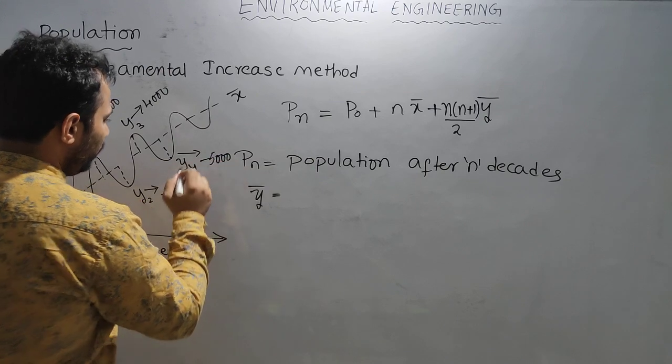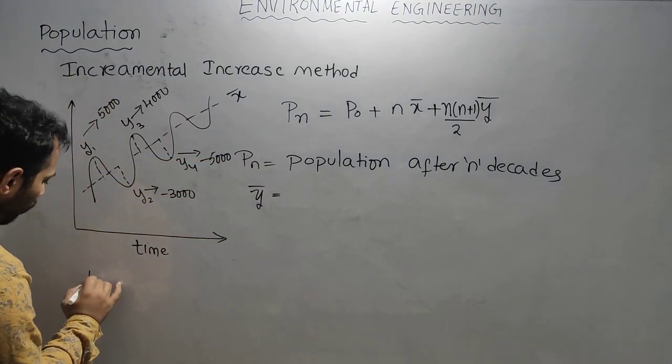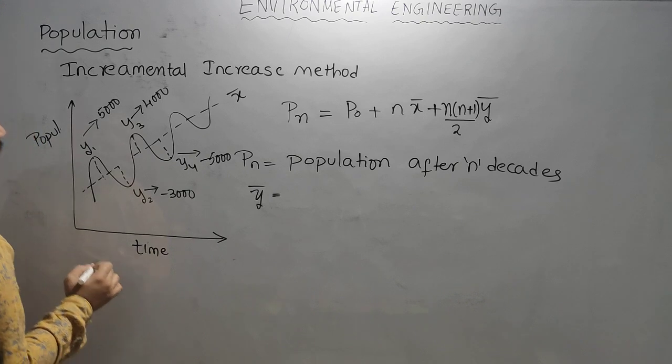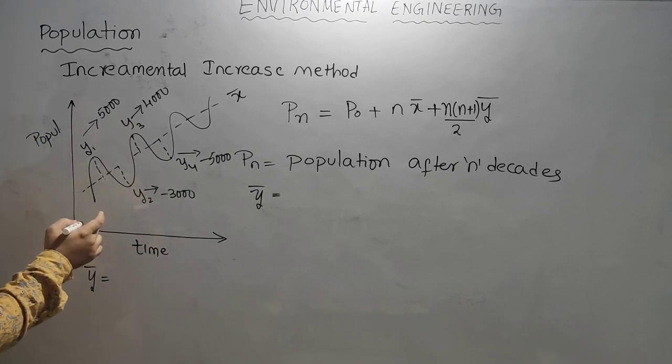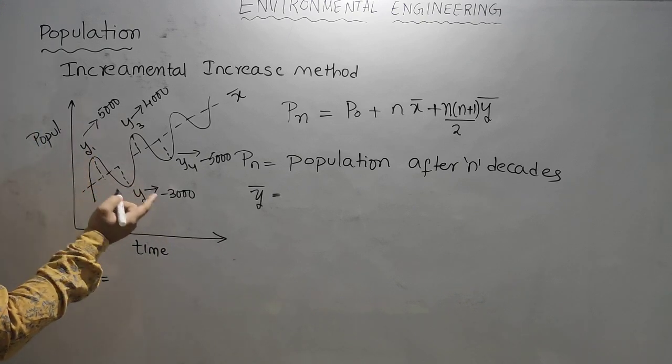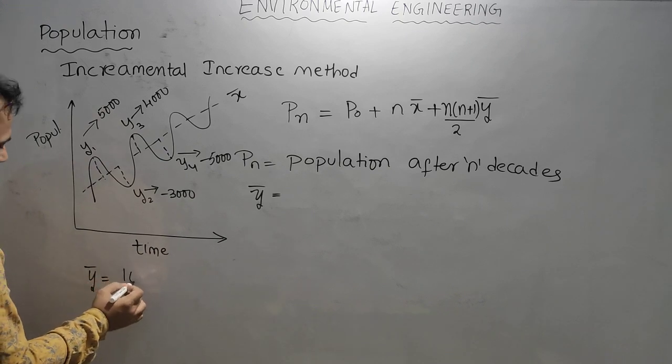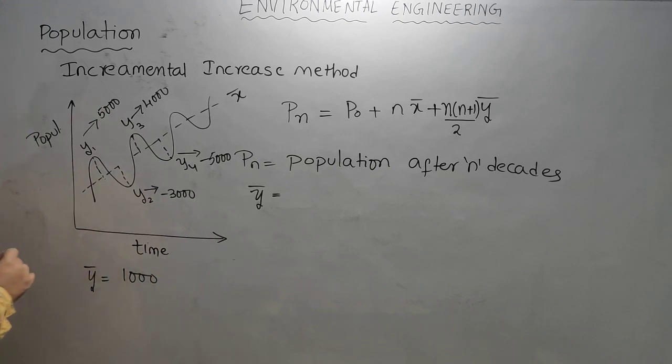Here in this case, y bar will be equal to 5 minus 3 or else 9 minus 8, that means it is 1000. In this case y bar is taken as 1000. Likewise we need to calculate y bar. You need to take the minus sign into consideration.